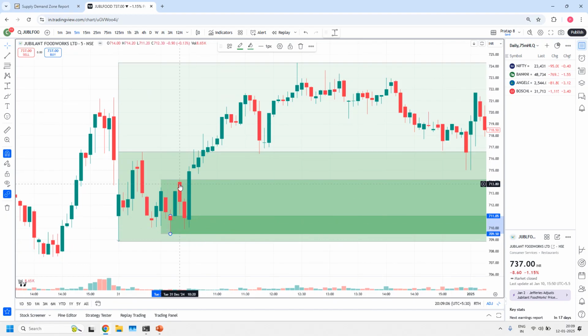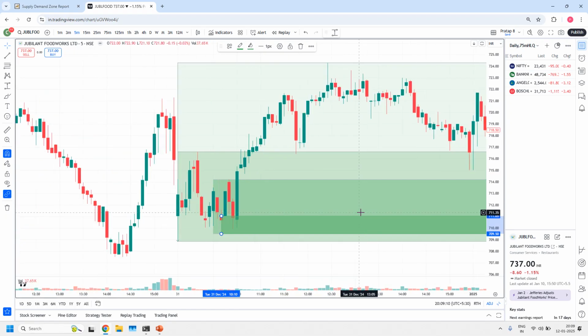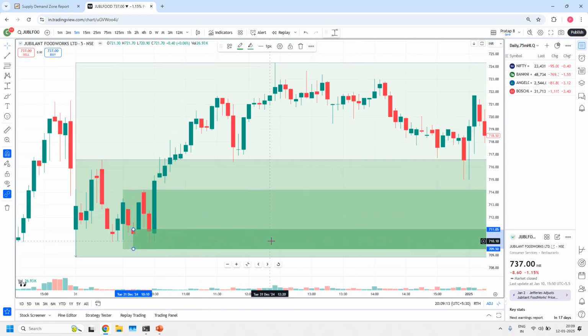It moved up and again picked up the orders and moved up. Can we plan another trade? If you are convinced this is a base candle, but this is also a base candle, again rally, base, rally, and again a rally candle is created.